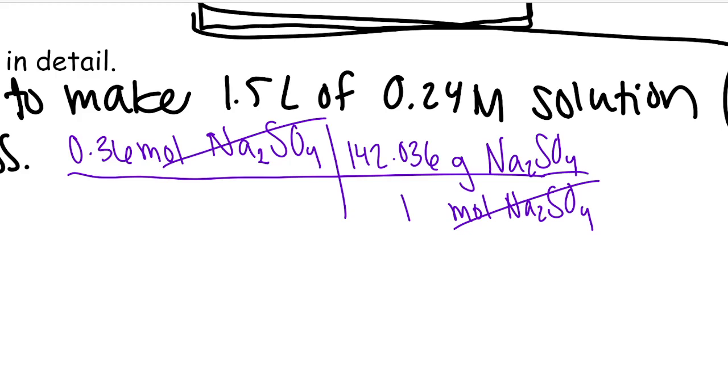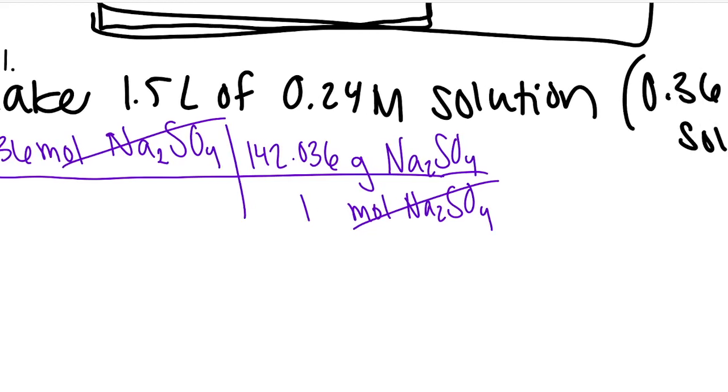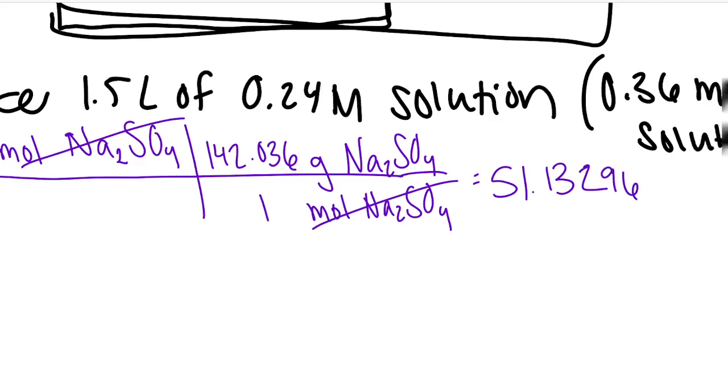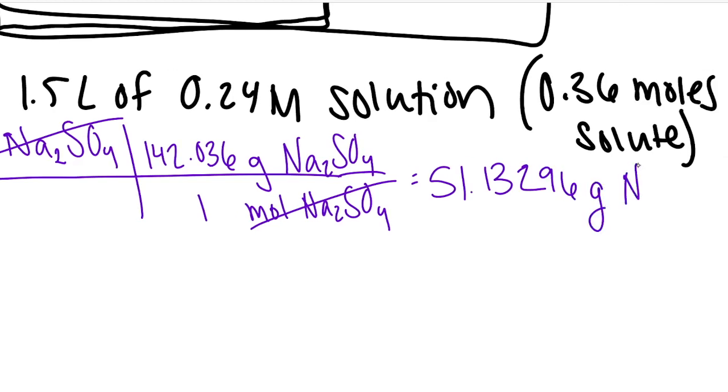I'm going to write that whole thing down, and then we'll talk about sig figs in a second. 51.13296, I think is what it said. 296, yeah. Okay, that is the number of grams of sodium sulfate, Na2SO4. That number of grams is equivalent to 0.36 moles.